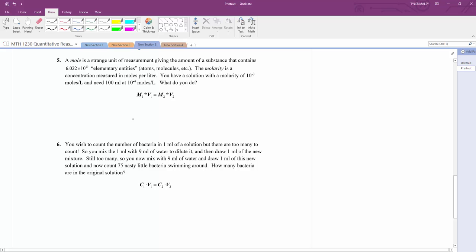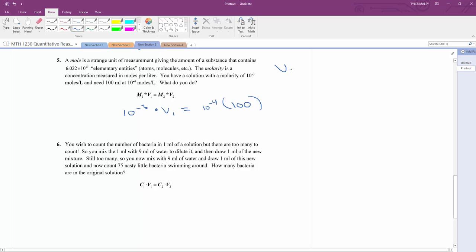So this would be my molarity, M1. And the volume associated with that, we don't know, so this would be V1. And then my second thing, I know that I have 100 milliliters at 10 to the negative fourth. So M2 would be 10 to the negative fourth, and V2 would be 100 milliliters.